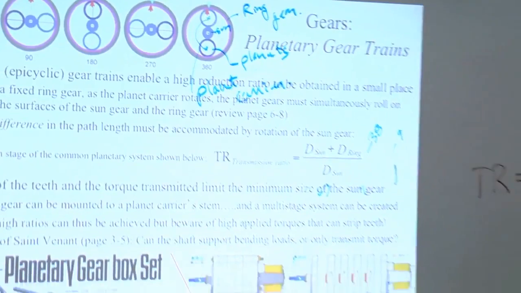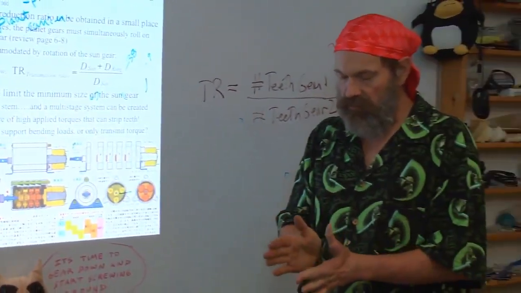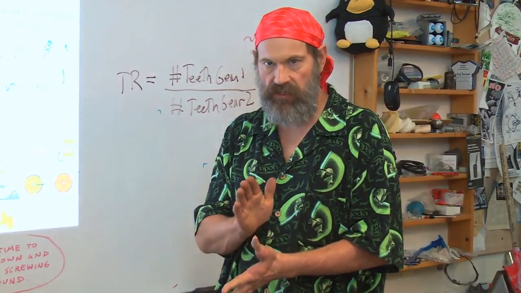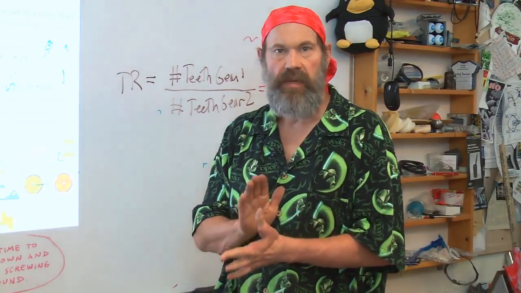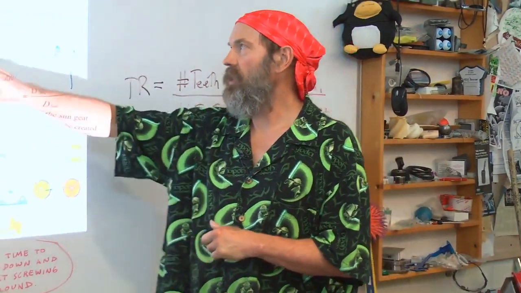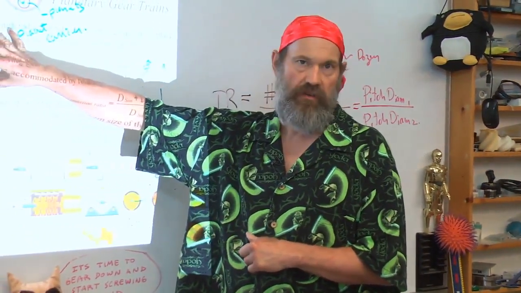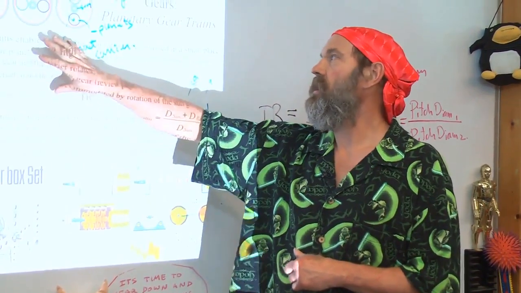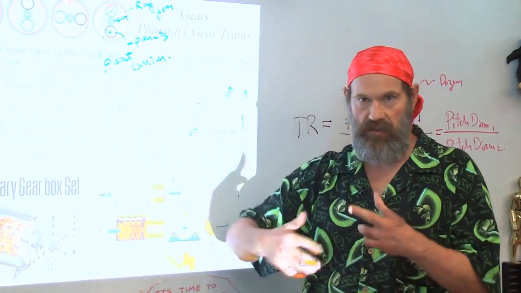In a multi-stage gear train with different planetary segments, depending on which I hold fixed and which I rotate, I can get many different ratios. And indeed, the way a transmission works in a car for an automatic transmission is the bands in an automatic transmission.